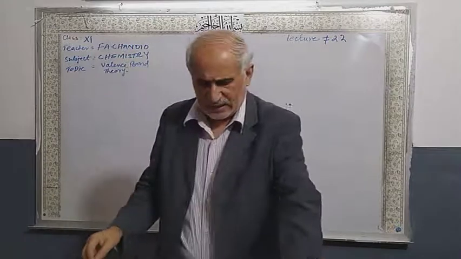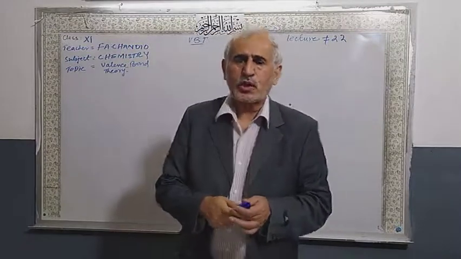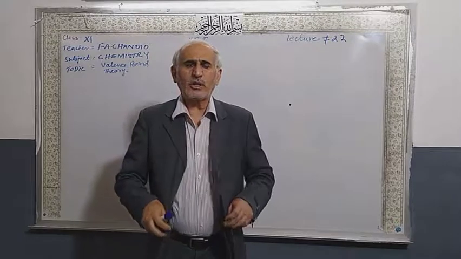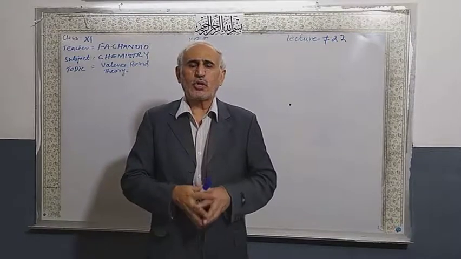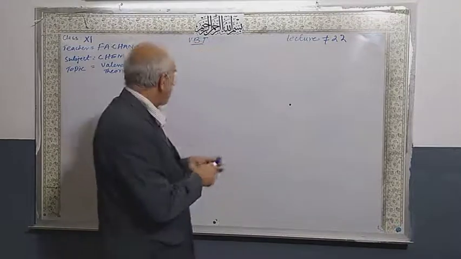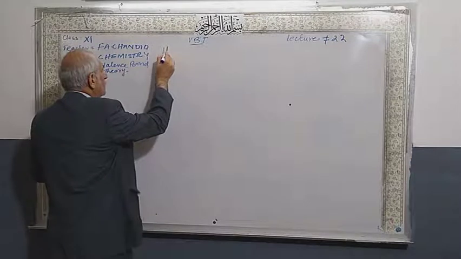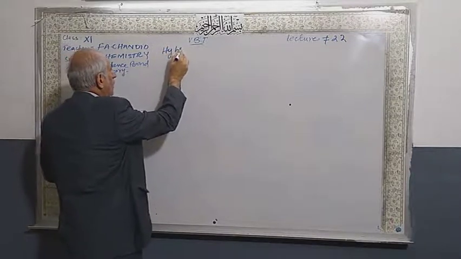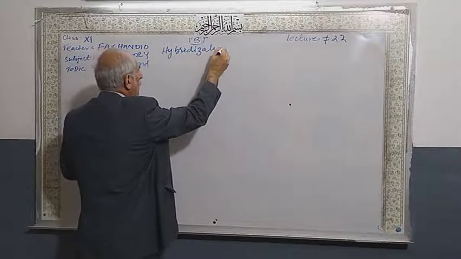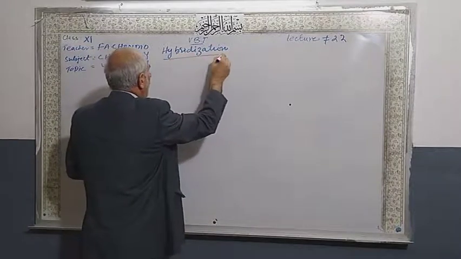Now, students, there is a very important topic to start, and the actual valence bond theory is starting here, to draw the structure of different covalent molecules, and we call it hybridization.